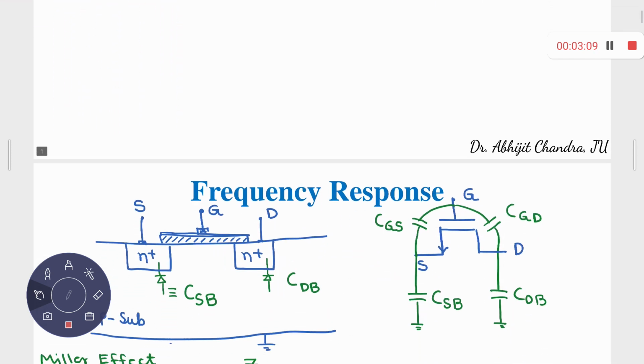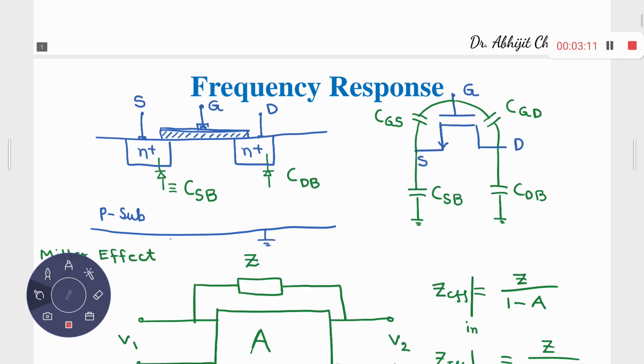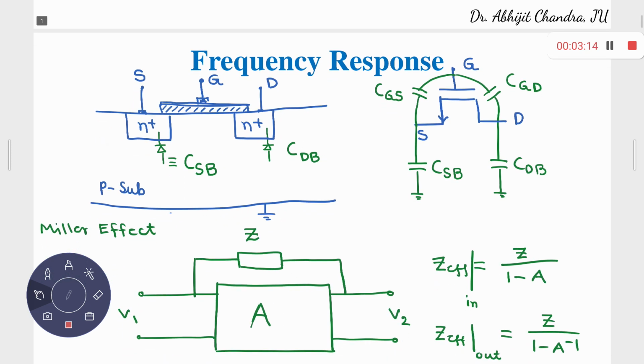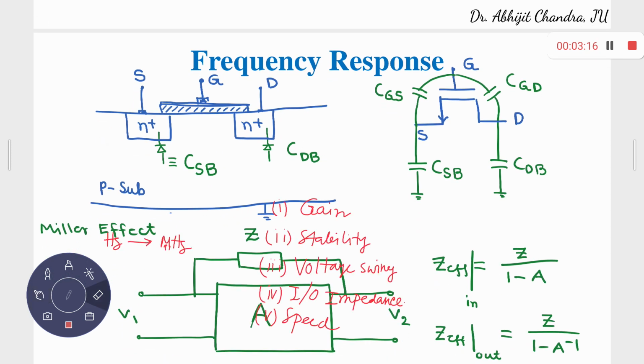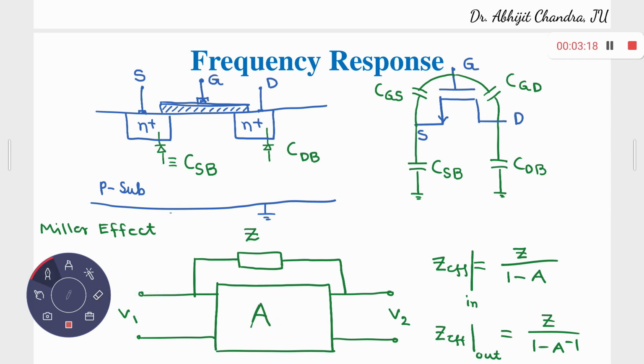Once again, let's take a look at the structure of NMOS over here. So NMOS is fabricated on a P-type substrate. Then you have the N plus regions as source and drain, and the gate is there, and in between you have the oxide layer, the oxide capacitor. Right?